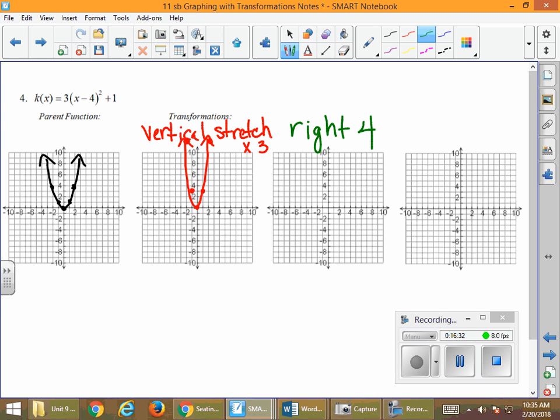We're going to take this red graph and we're going to move it 4 right. Move the point 1, 3, 4 spaces to the right. Move the point 3, 3, 4 spaces to the right. And then our up 12s there, we can put up there if we so choose. I know only 3 points fit on this graph.